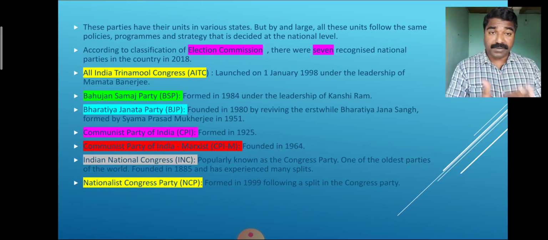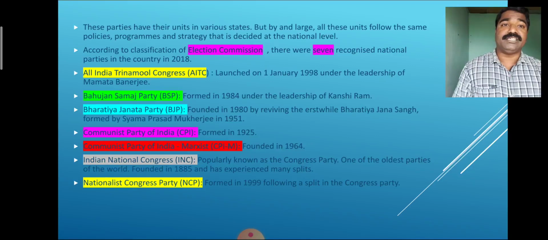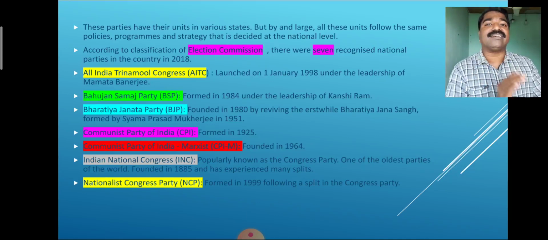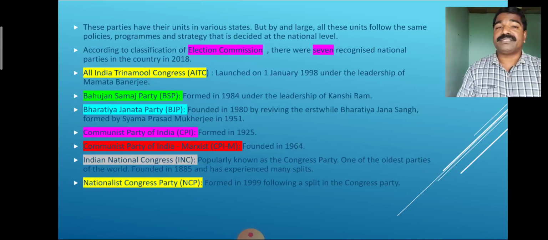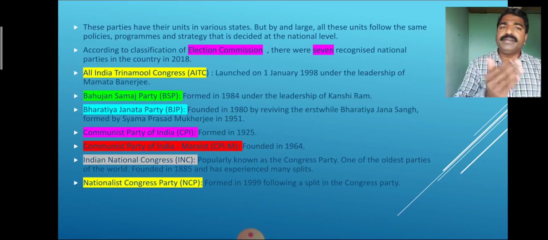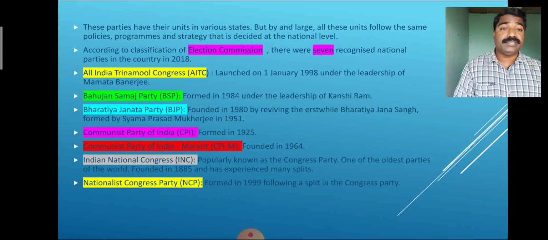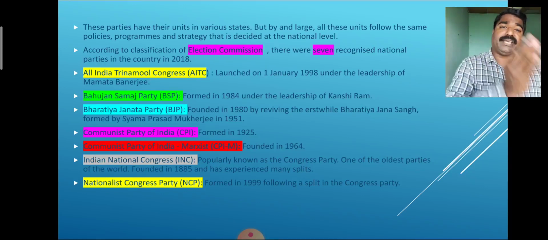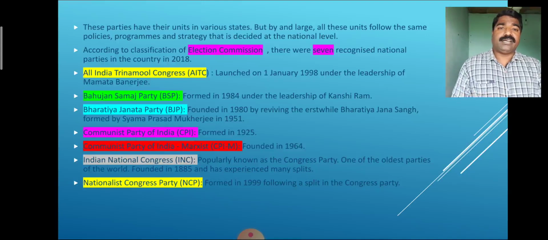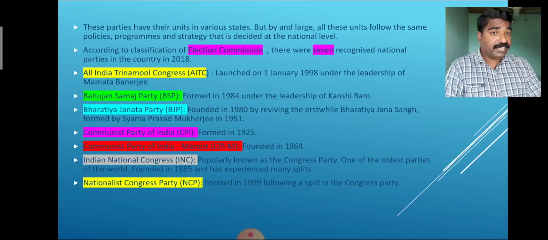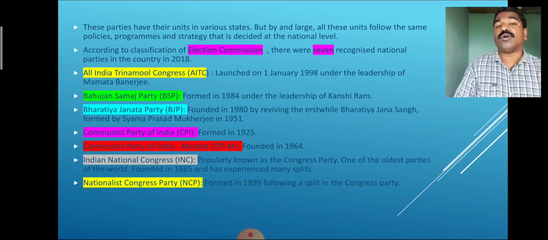Bharatiya Janata Party, BJP, you have heard about it, founded in 1980 by reviving the erstwhile Bharatiya Jana Sangh formed by Syama Prasad Mukherjee in 1951. Then Communist Party of India, CPI, formed in 1925.